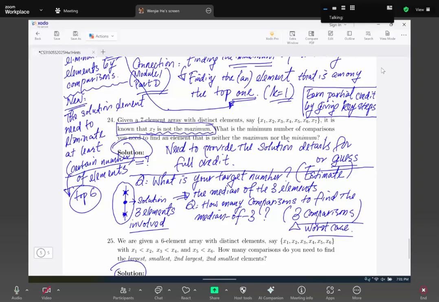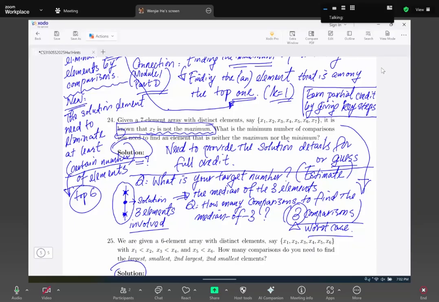We can do it this way: the solution number, the target, remember I talked about that target. That number, we can use 3 comparisons to find the solution. That's under the condition we ignore the given condition.